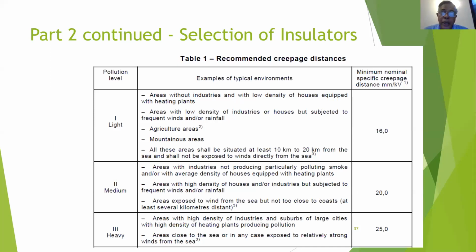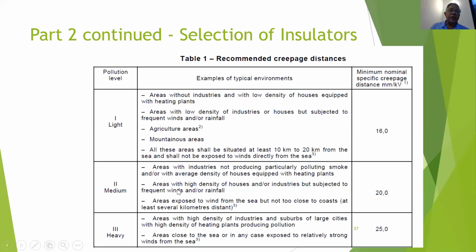To remind you, the creepage distance is the surface distance of the insulator from the edge of the metal cap to the metal of the pin. That total distance is the creepage distance. So for light pollution it is 16 millimeter per kV.